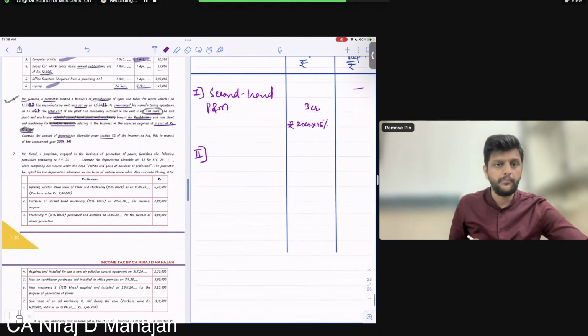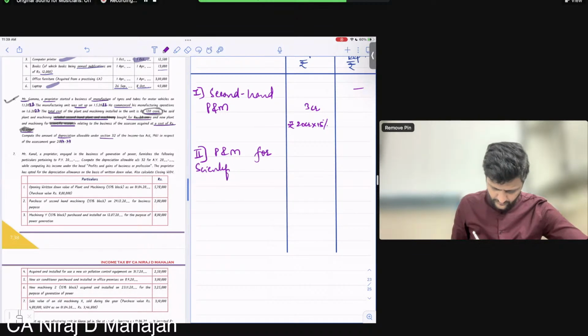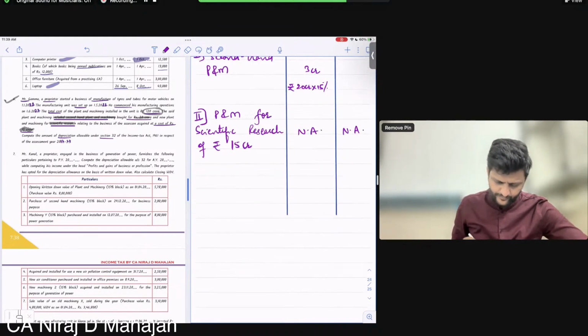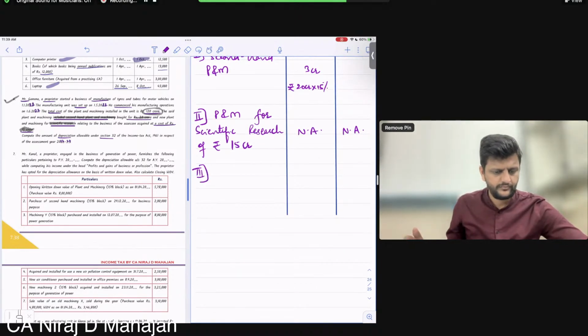Then plant and machinery for scientific research, now rupees 15 crore. Not allowed. Not allowed. Fine. And third is what?